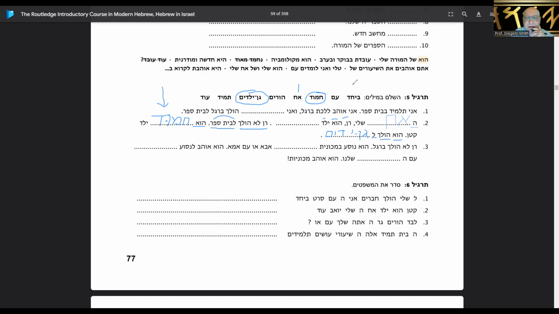Ron hu Yeled im. That doesn't make sense because that means with. So the only thing, by process of elimination, I'm going to put gan Yeledim in here again and see if I can get it to work, even though it's down here. There's no rule necessarily that I can see that says you can't use a word twice.